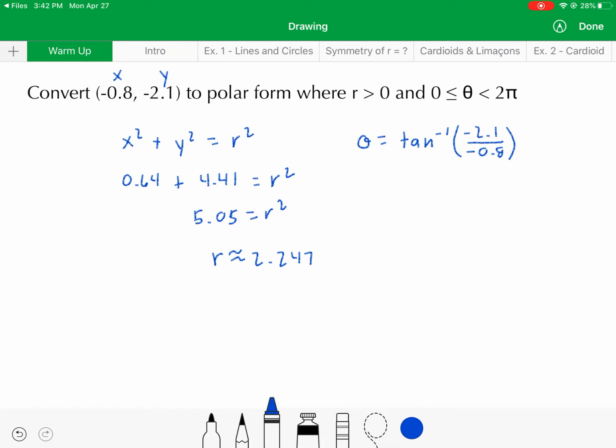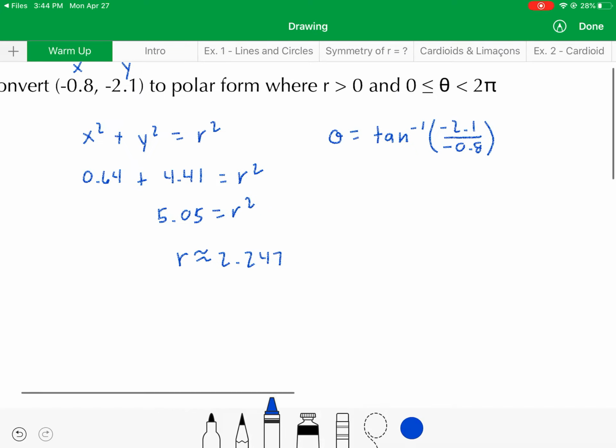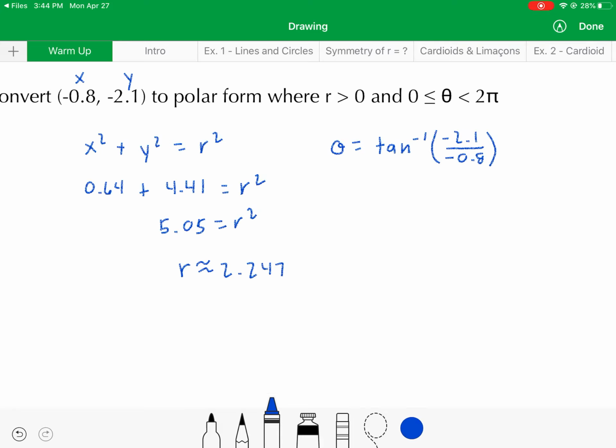And sometimes this is enough, but what you have to understand and recall is that the inverse tangent function only yields quadrant 1 and quadrant 4 angles, okay? Here we're taking inverse tangent of a positive value, so this represents quadrant 1, okay?